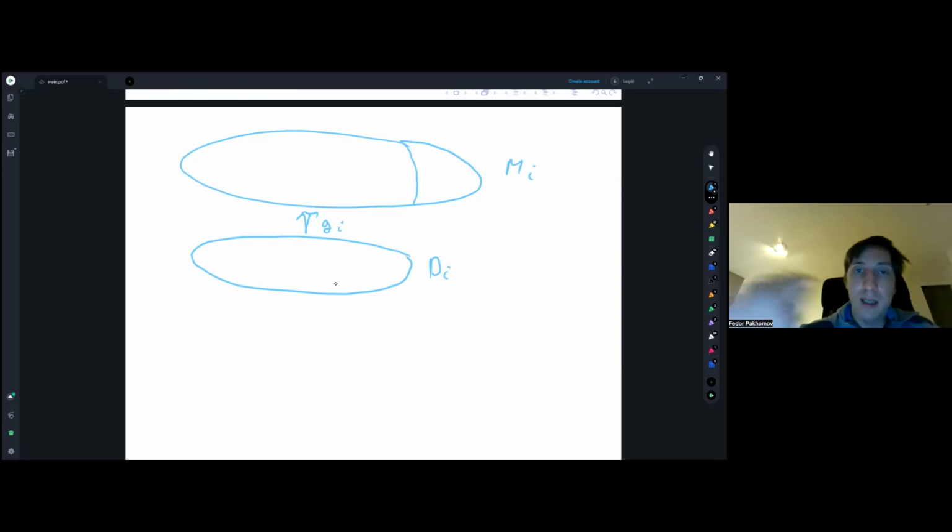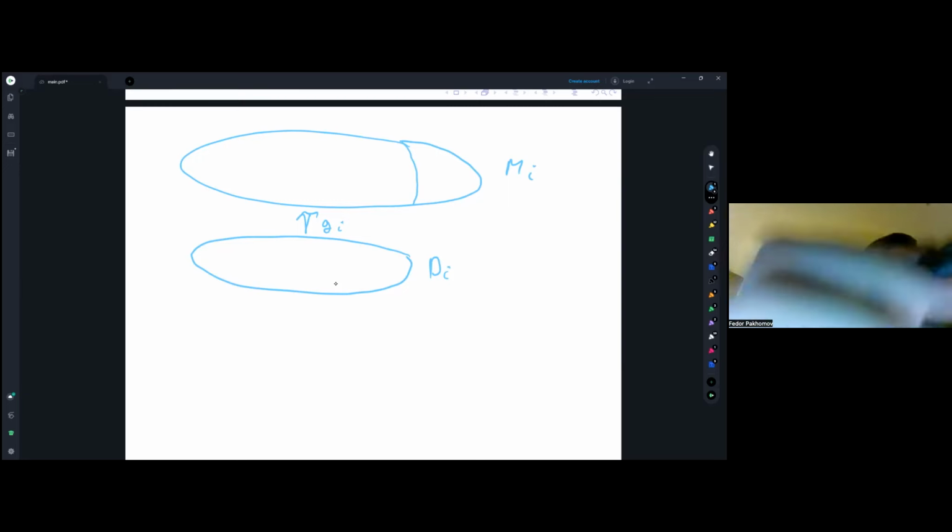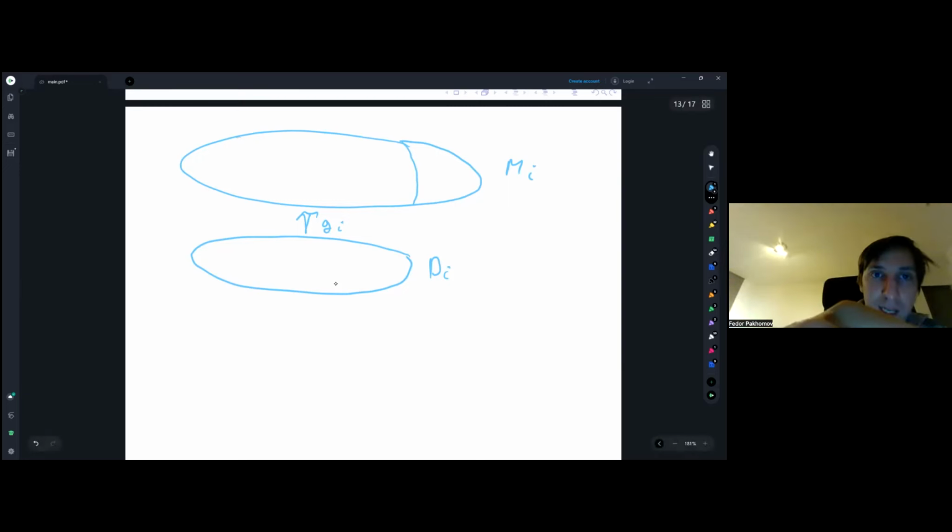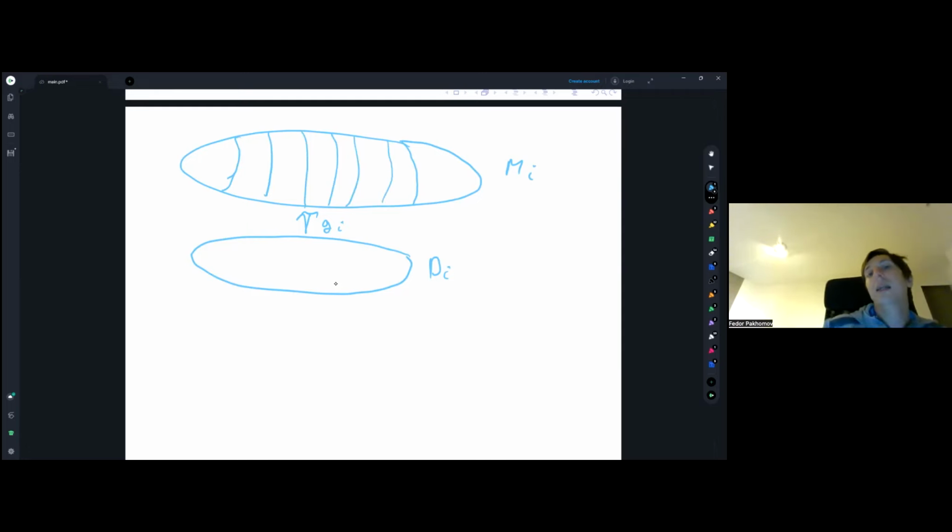But we don't have much structure on the elements that are outside of this image. The interesting thing is happening inside this image. Actually, this image is split into layers, and there are a lot of layers, and there's some structure on them.